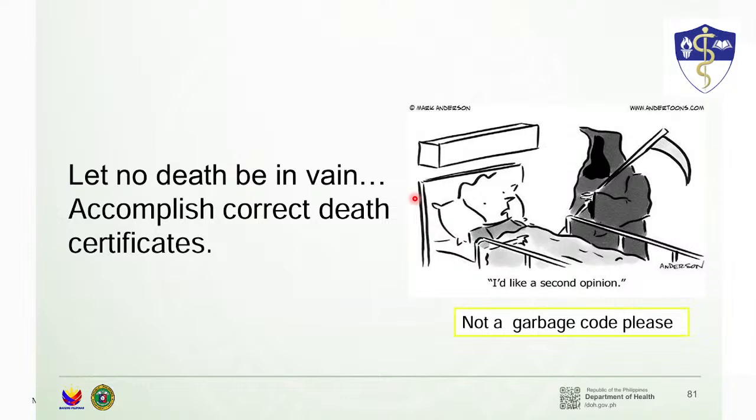So their causes of death are read to every fire service to remind them. You die, and there's a legacy to your life.